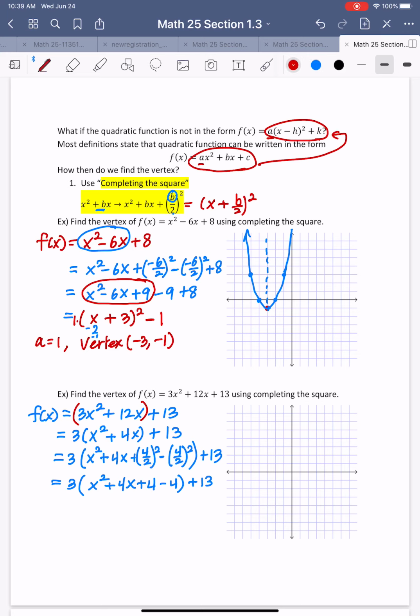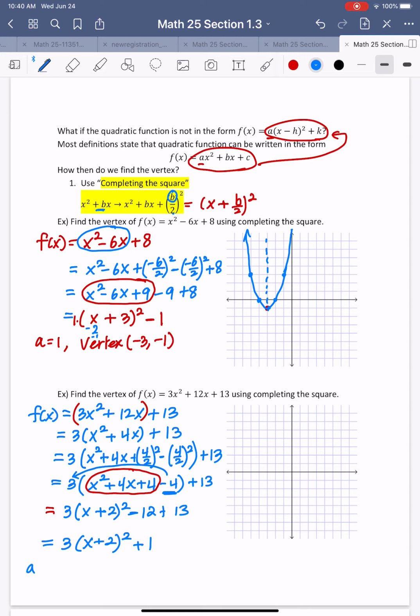But I only need to keep these three terms to be a perfect square, completing the square, which is a perfect square trinomial, which is a square binomial. And then I get 3 of x plus b over 2 squared, which is 2 squared. But you need to take the negative 4 out from the parentheses, multiply by 3, and then you get negative 12 plus 13.